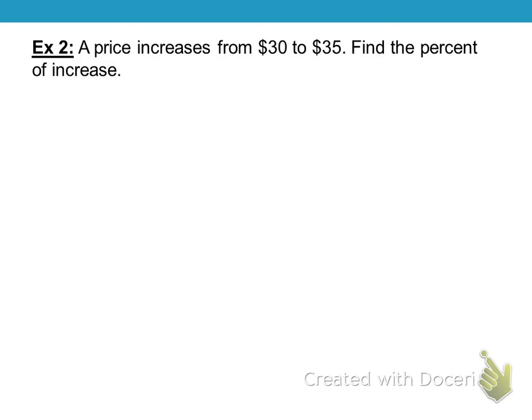All right, example 2. A price increases from $30 to $35. Find the percent of the increase. Now, while we're talking about these, I saw this thing on Amazon the other day. Have you ever clicked on the button that says price history? You can see how the price is fluctuating. I don't know why the prices are going up and down.